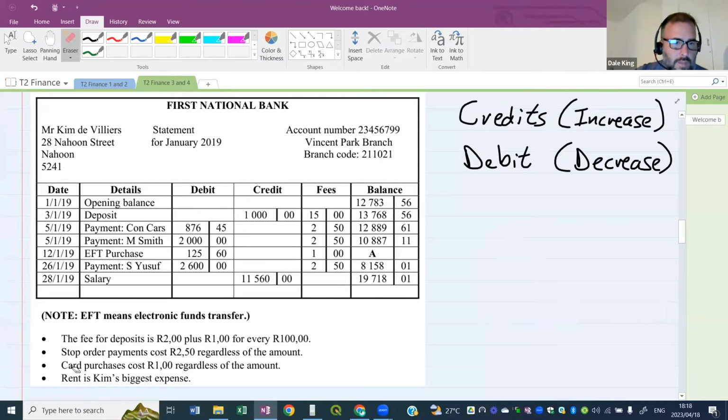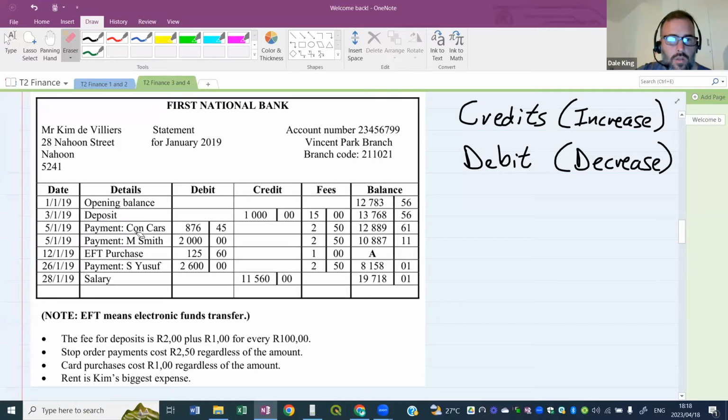Then we go to the second line. Stop order payments cost 2 Rand 50 regardless of the amount. What that means is, it doesn't matter how much your stop order is, you're going to get charged 2 Rand 50 as a fee. Let's have a look at an example. In the third row here, there is a payment to Con Cars. That's a stop order payment.